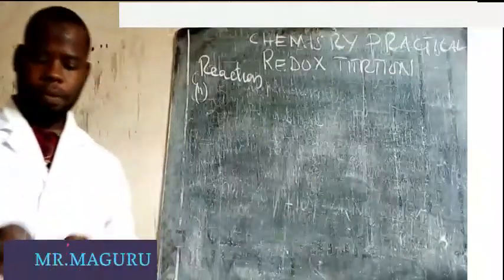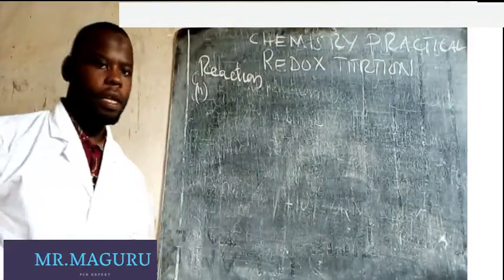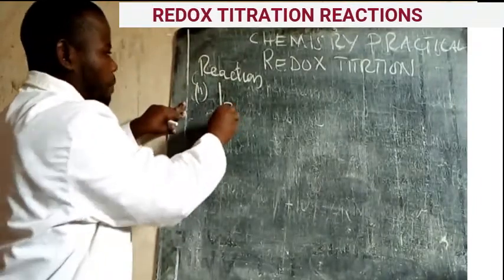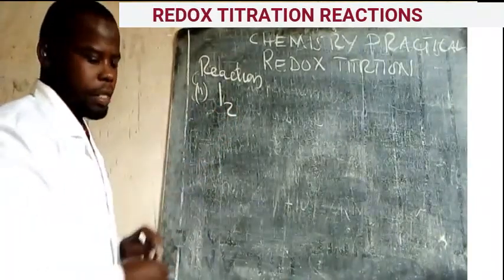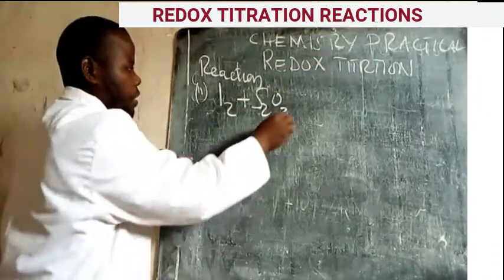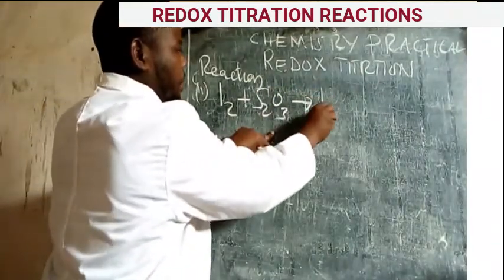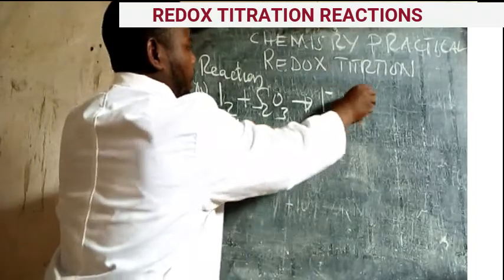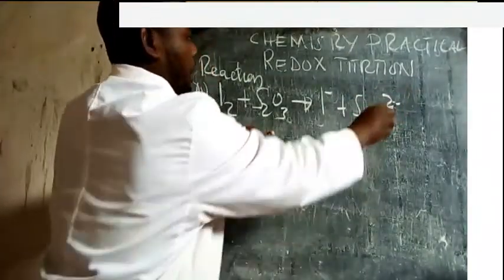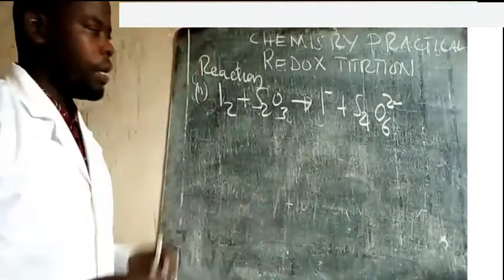For the second procedure or titration, there was liberated iodine from potassium permanganate reacting with thiosulfate. The product here we have this one plus this one, sulfate. That is the product.